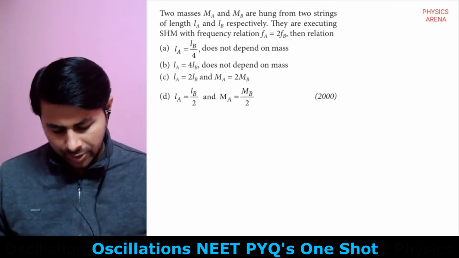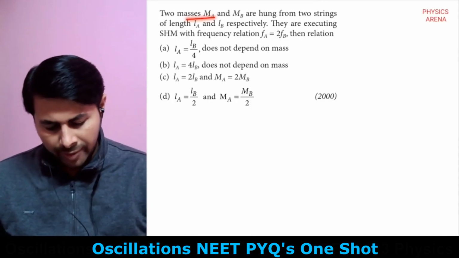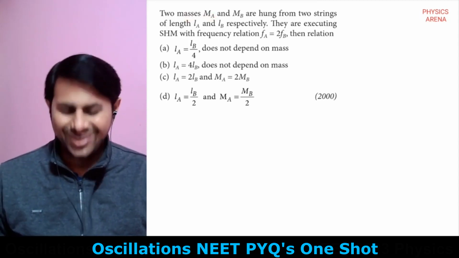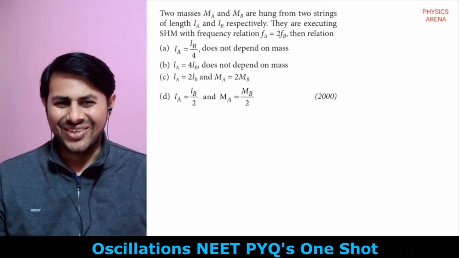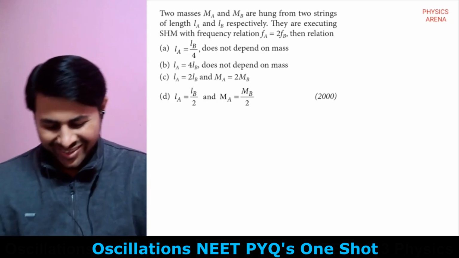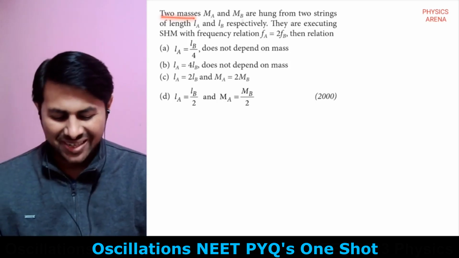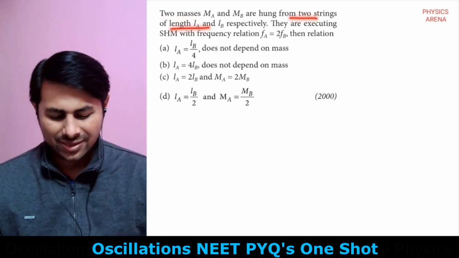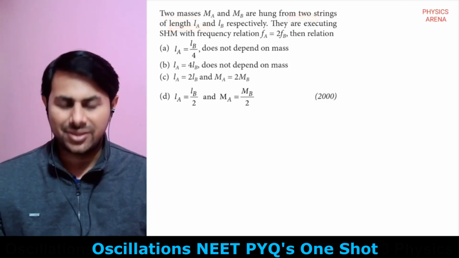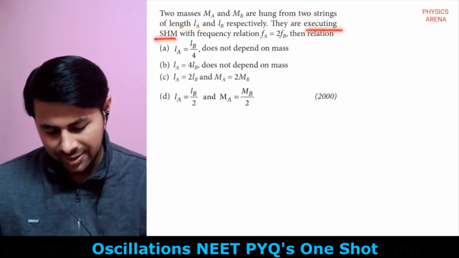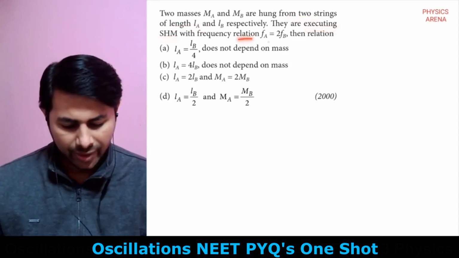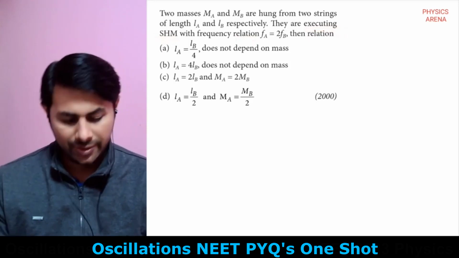Okay. Next question. Two masses MA and MB are hung from two strings of lengths LA and LB respectively. They are executing SHM with frequency relation FA equals 2 times FB.